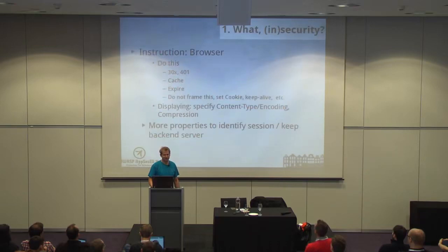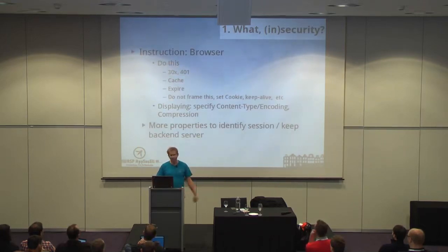So there are a couple of types of information in the header. There are instructions for the browser to do something or not to do something, which are useful for the browser in order to render the page, in order to show people what they're looking at, in order to keep the session, which is very important also.